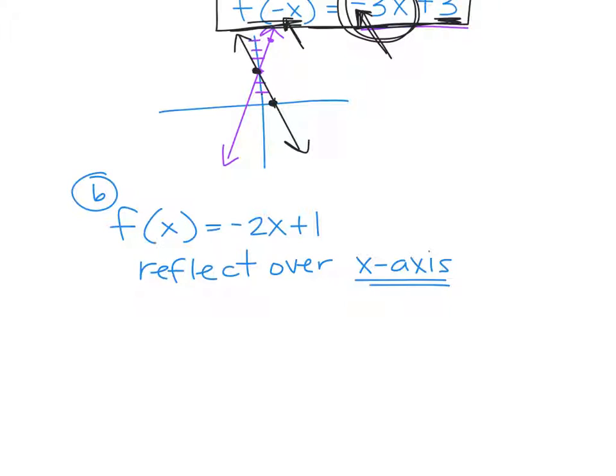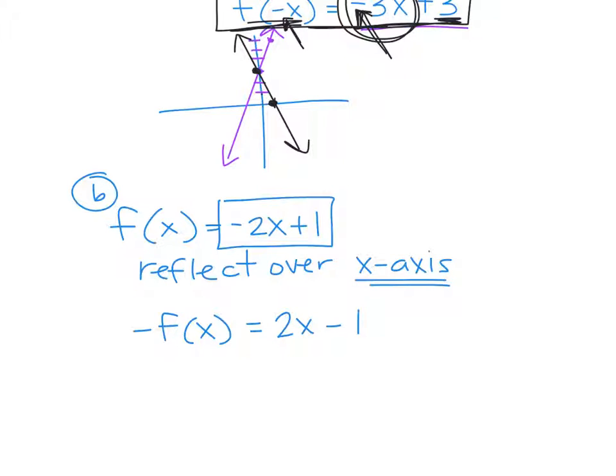This is the x-axis, which means we're taking the opposite of the whole function. So when we reflect it over the x-axis, we want to do the opposite of f of x. Well, think about what that means. If f of x is this, the opposite of that means you make everything opposite. So now the opposite of f of x, my new function, is going to be a positive 2x and then minus 1.